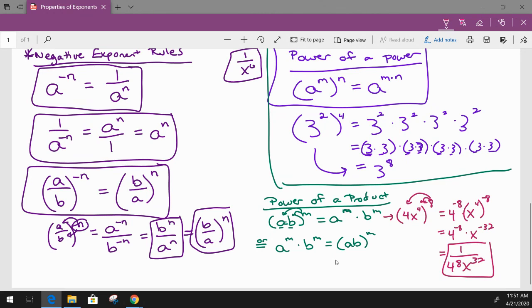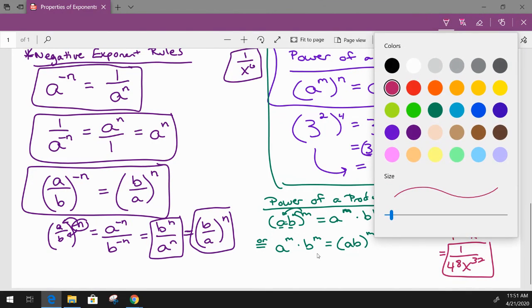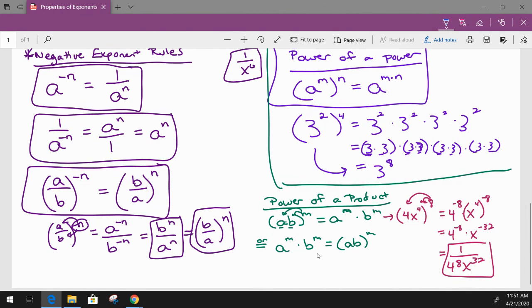And then I do want to show a quick example of this down here. So let's say you have something like 8 to the 7th power times 3 to the 7th power.